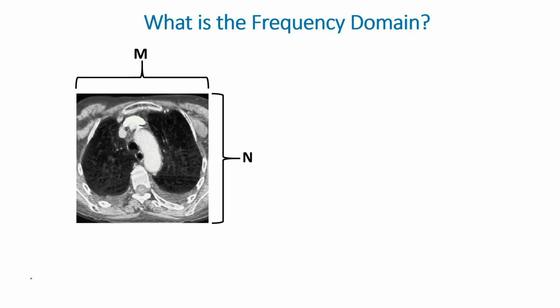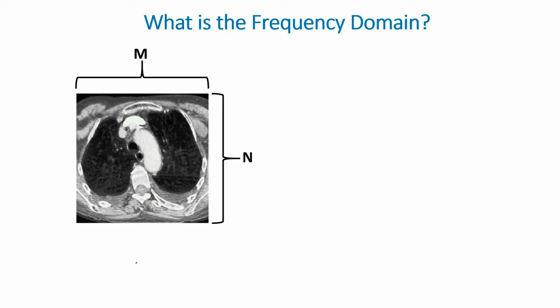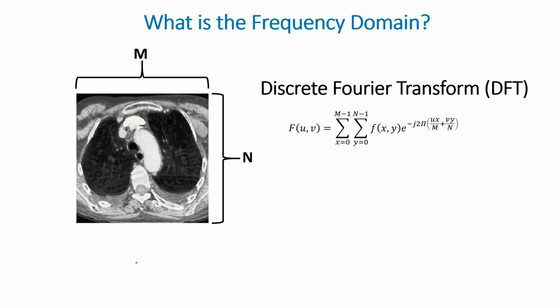The two-dimensional discrete Fourier transform of f, denoted by F of u, v, is given by this equation.